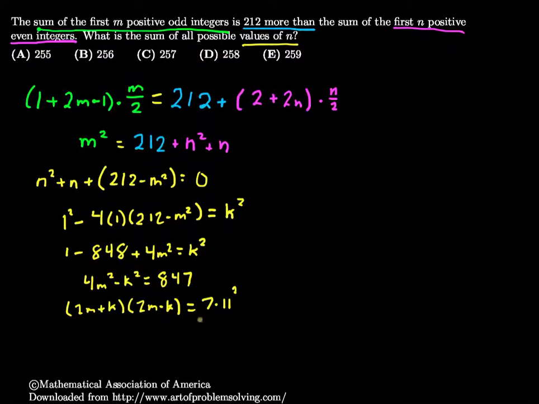And from here, we can actually figure out what k has to be, and then from there, we can figure out what n has to be. So the possible ways that this factors, so 847, let me write this in red. We're going to use this next. 847 is equal to 1 multiplied by 847.